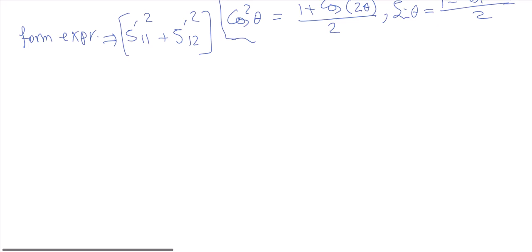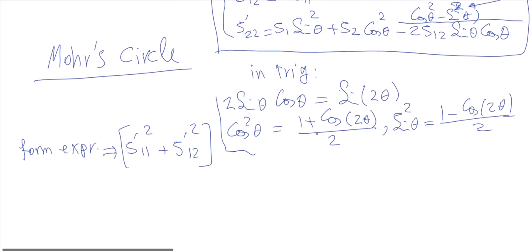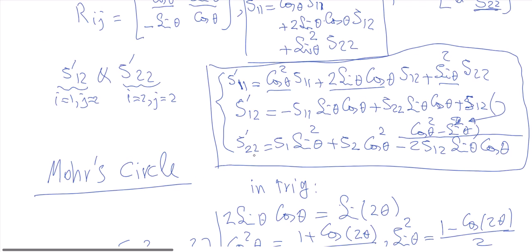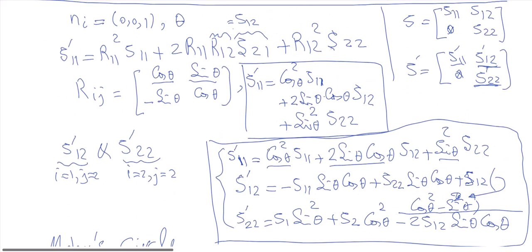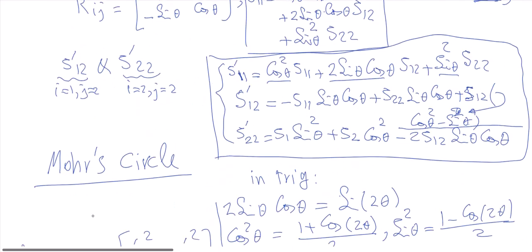Now here I would like to simplify this a little bit and write, when we have similar indices, I will write 1, and then I will replace my 1 and 2, because here x is 1 and y is 2 in the notation that we have, because we use index notation.